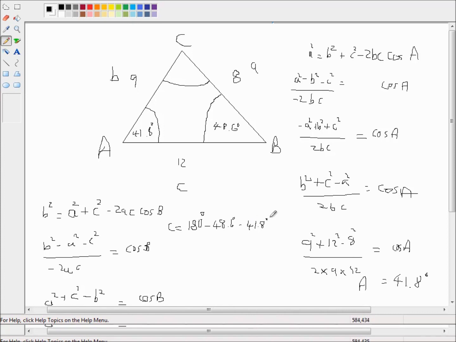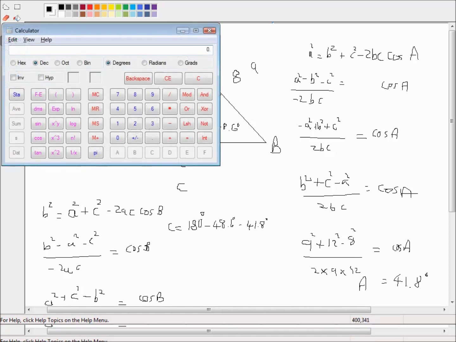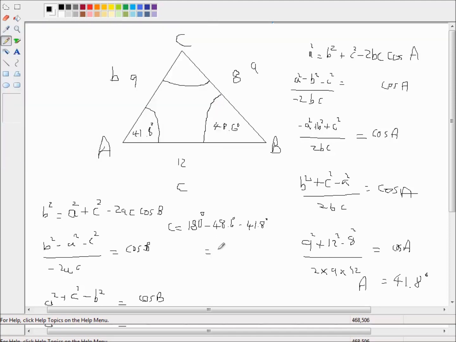And we just use our calculator. So that's 180 minus 48.6 minus 41.8, and that's equal to 89.6 degrees. And that's our triangle solved.